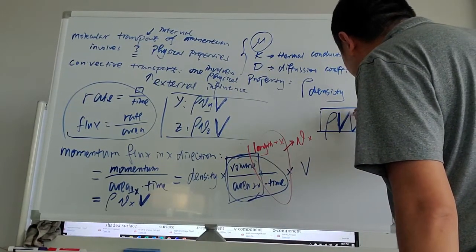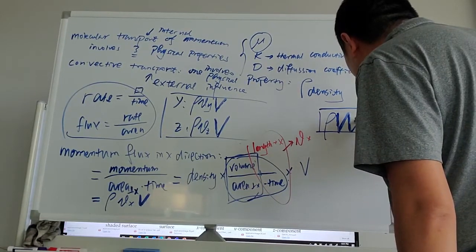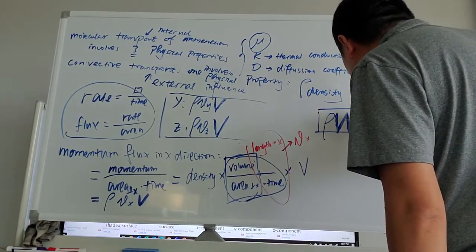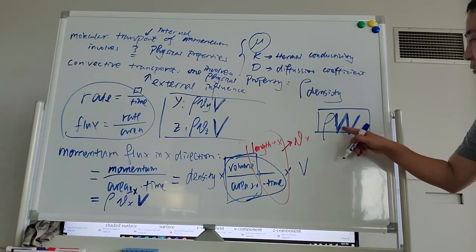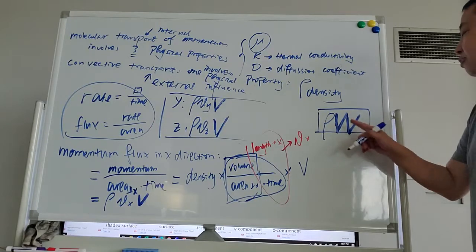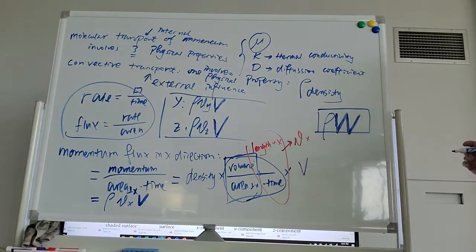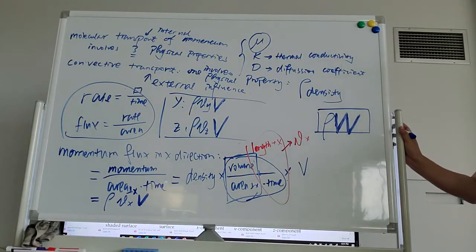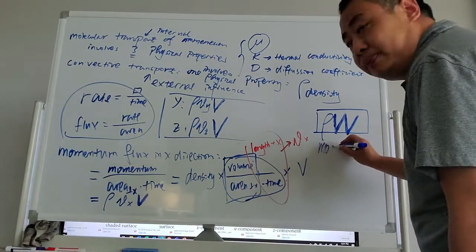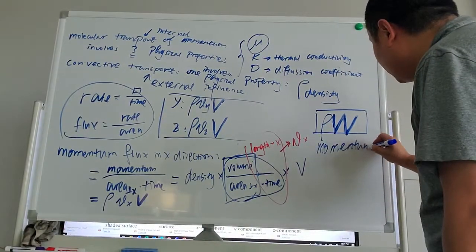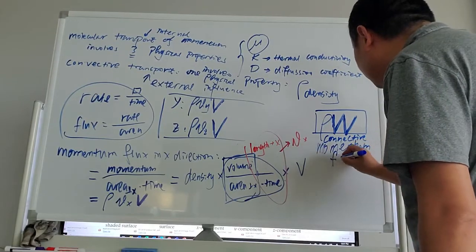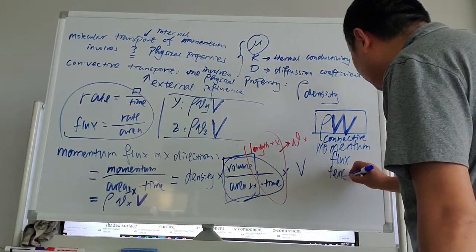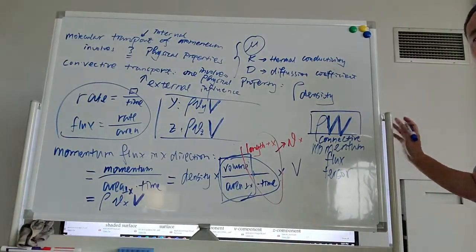For v, remember it's a vector, bold face, since this is general and we do not define the actual direction of velocity. That's why bold face for both. So rho v. For this tensor, we call it the convective momentum flux tensor.